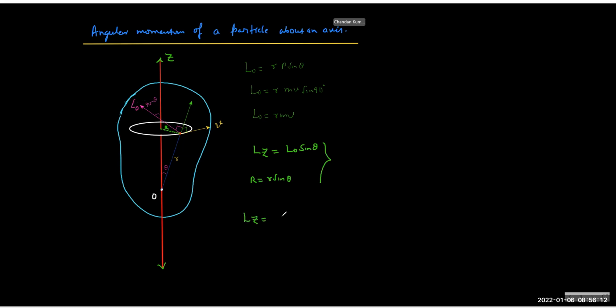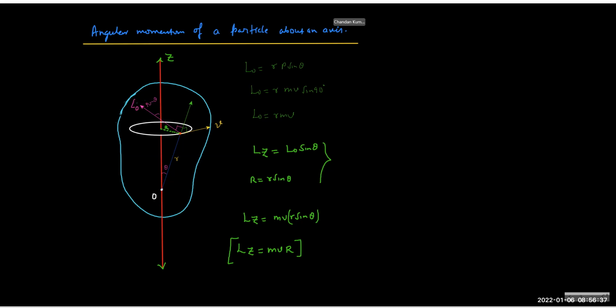We can say Lz equals L naught, which is mvr into center, and then R center we can replace by mv capital R. So the angular momentum about an axis is mvR.